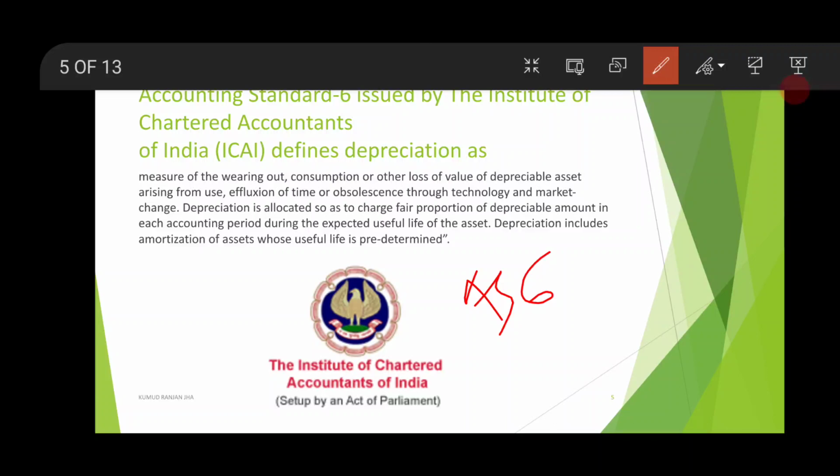Depreciation is allocated so as to charge a fair proportion of the depreciable amount in each accounting period during the expected useful life of the asset. Depreciation includes amortization of assets whose useful life is predetermined. There is a new word, that is amortization. That's similar to depreciation but used for different assets.